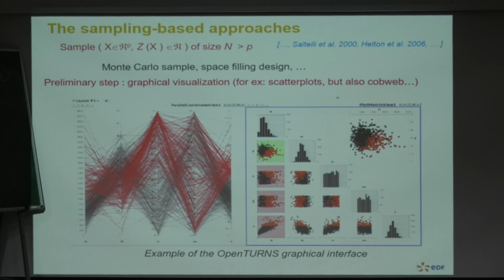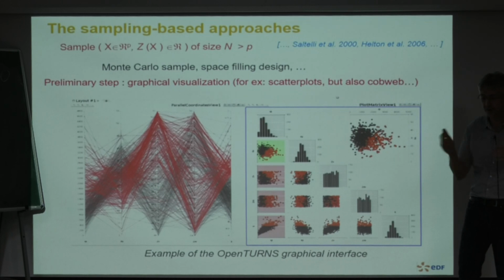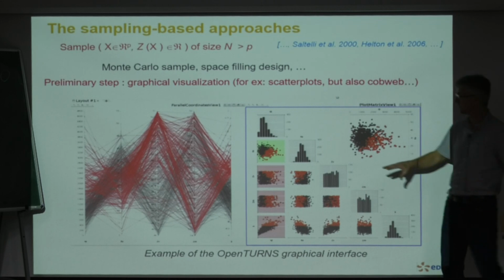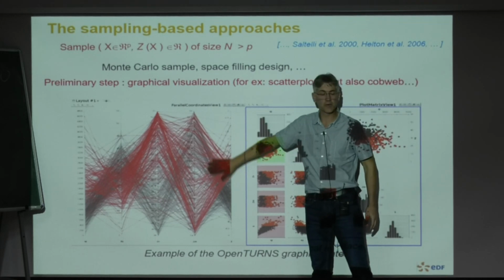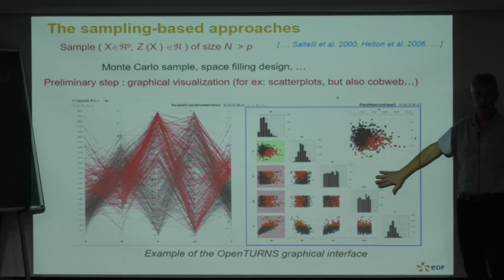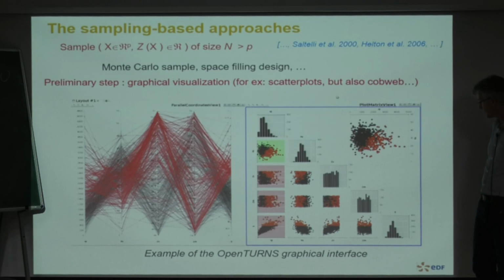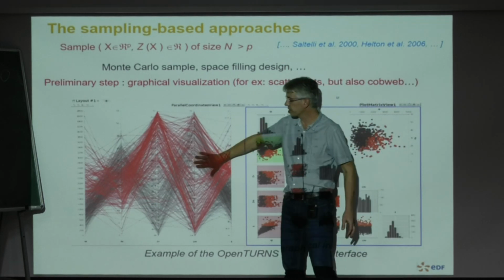I will explain this because when you explore multidimensional data, with not so many dimensions, up to 30, 40 maybe, it can be useful. This is this kind of plot. I will explain this. So these plots are classical. This is a scatter plot in order to understand the relation between output and input. And this is a complementary plot that we can use.